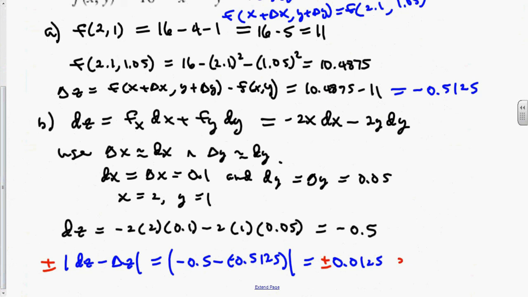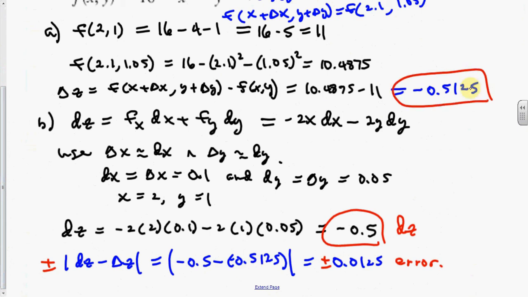So we call this the so-called error. Now, they don't ask for that for the problem. All they want is to find here dz, and then that delta z.